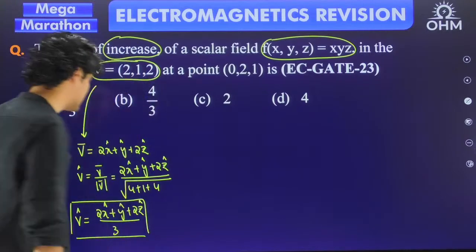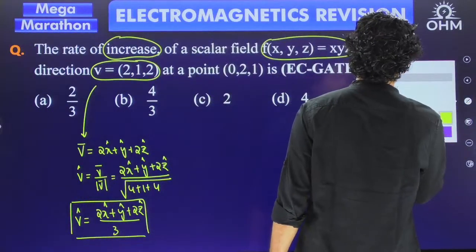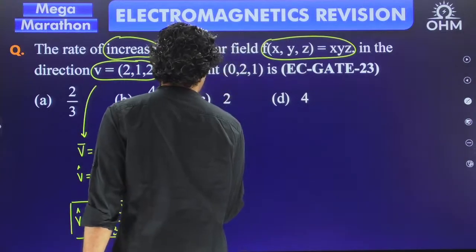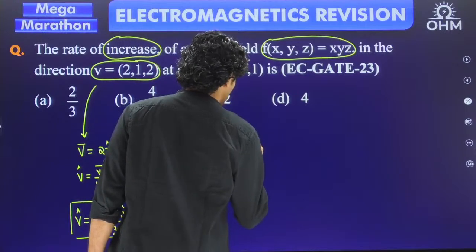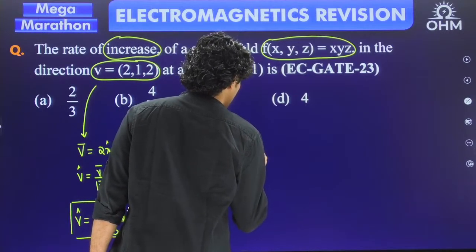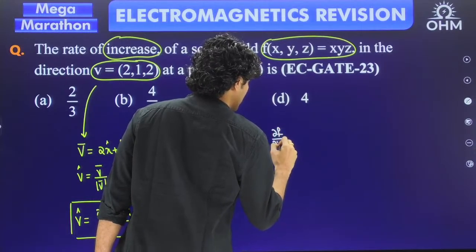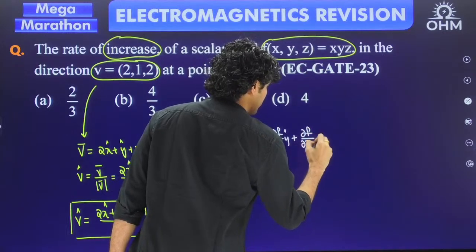So this is a 3-step problem from now on. The first step is to calculate the unit vector along the direction specified. Done. Next we have to calculate the gradient of the function. Gradient of the function becomes how much? Formula in the rectangular coordinate system: dou f by dou x x cap plus dou f by dou y y cap plus dou f by dou z z cap.